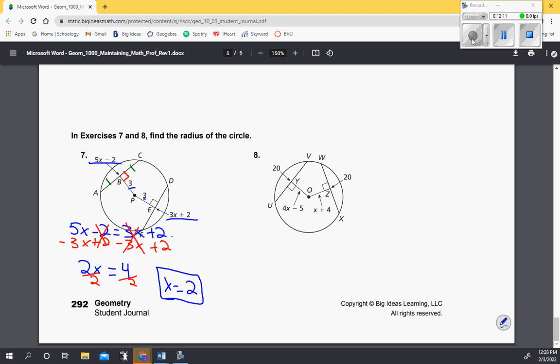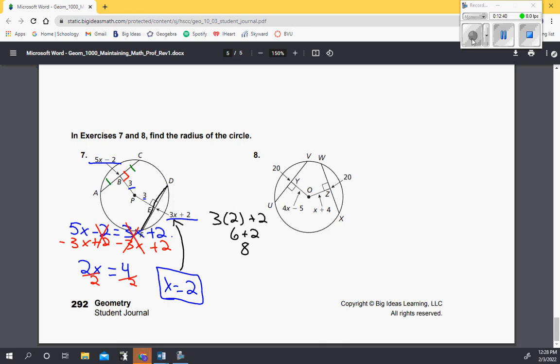Okay, that's a good thing to know. If we plug x in to our equation here, we'll find, what is that, FD? We'll find this length. Okay, so 3 times 2 plus 2, which is 6 plus 2, which is 8. Okay, so we know that FD is 8.